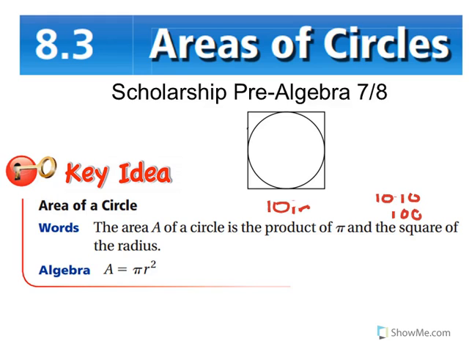Well, let me do this. Let's put a center point here. We're going to put a radius, and if the whole distance across is 10, that means the diameter is 10. That means the radius then is 5 inches. And if I was to put another radius up here, basically I've made one little square, right?